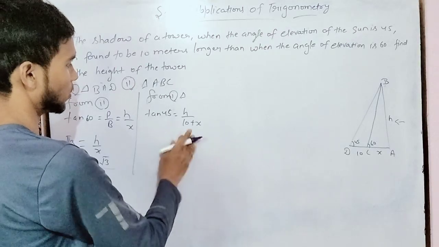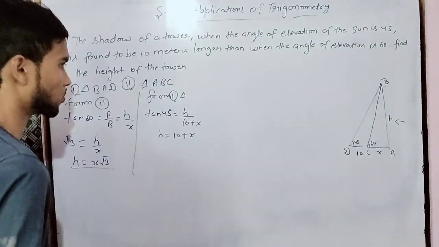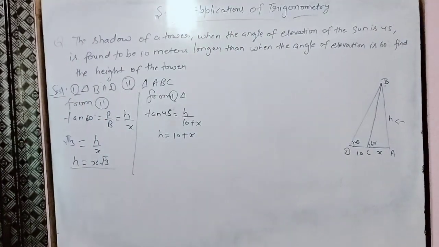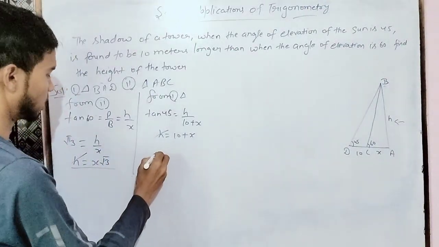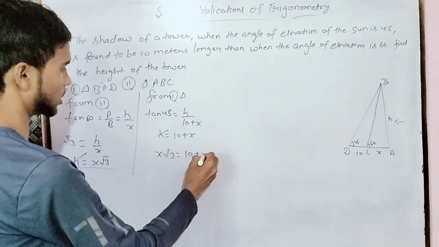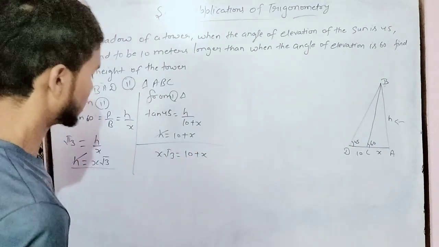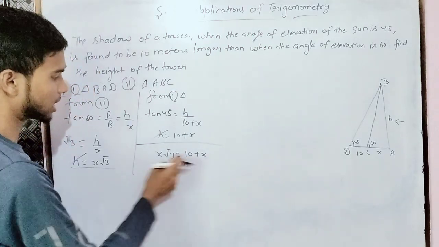So here we can directly say H is 10 plus X. The H's will get cancelled out. We have X root 3 equals 10 plus X. Can we shift this X to this side?